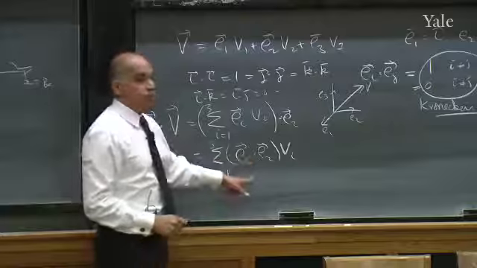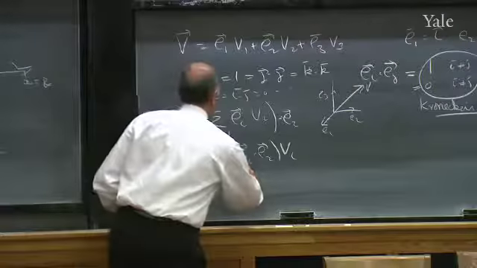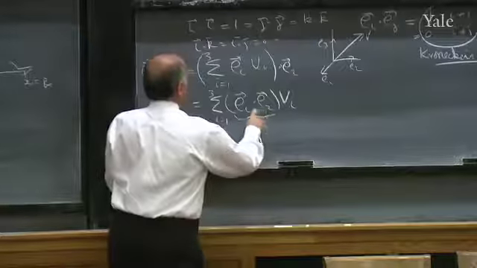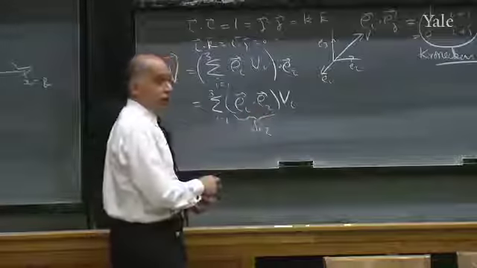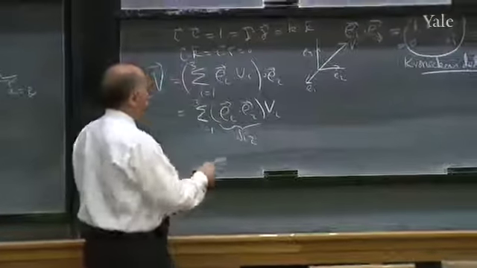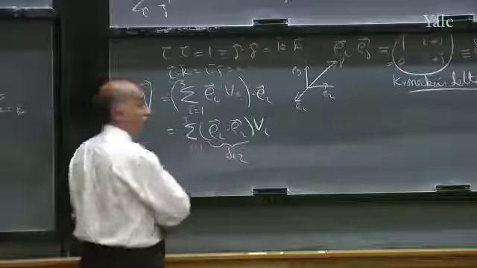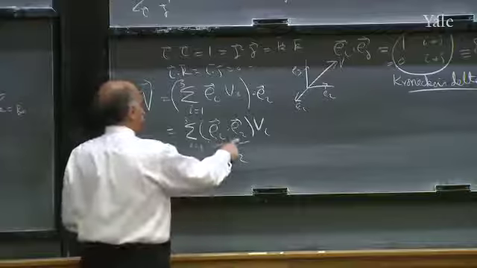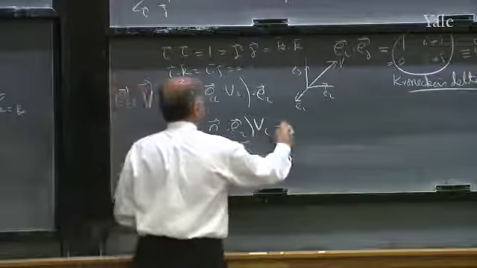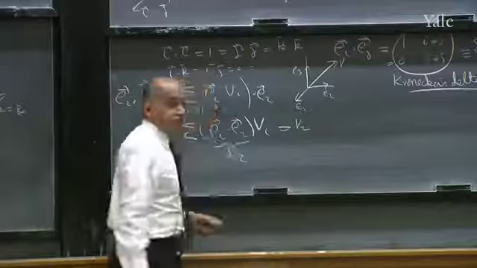What is e_i dot e2? e_i dot e2 is delta_i2. That means if this index i is equal to 2, you get 1. If it's not equal, you get 0. So of all the 3 terms in this, only one will survive. That's the one when i is equal to 2, in which case you will get 1. That's multiplying v2, so it will give you v2.